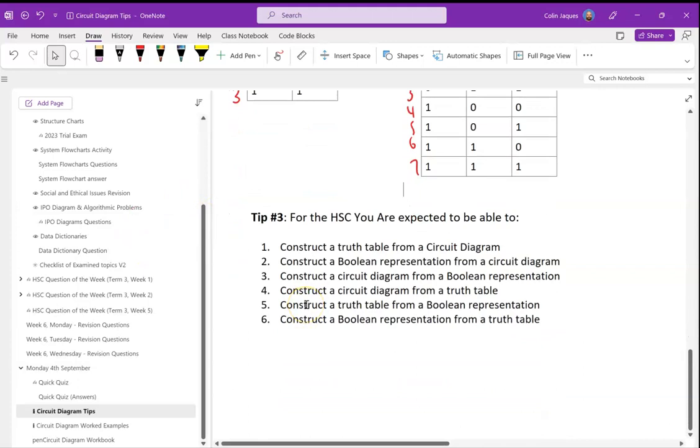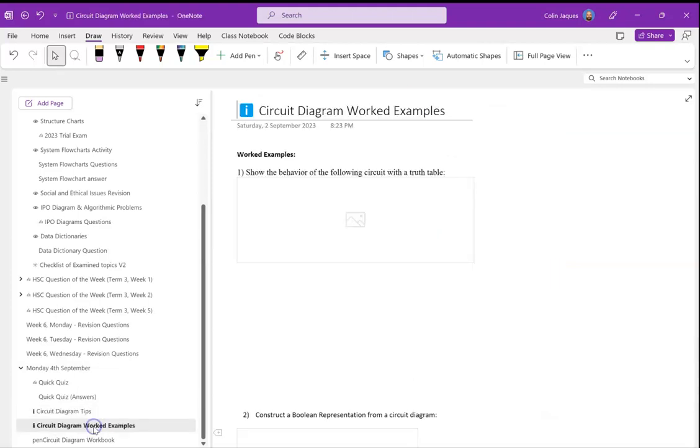All right, tip number 3: there are 6 ways to represent circuit diagrams that you can expect, and I'm going to go through them now. The first one that you should be able to do is to show the behavior of the following circuit with a truth table.